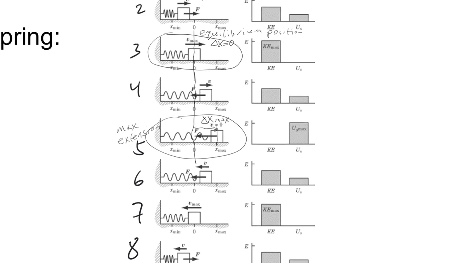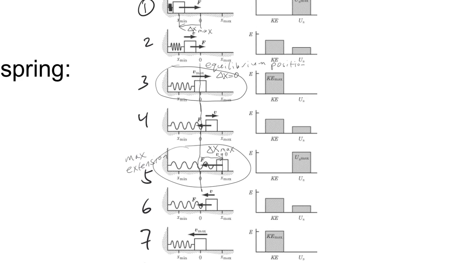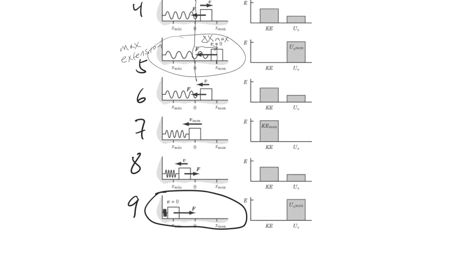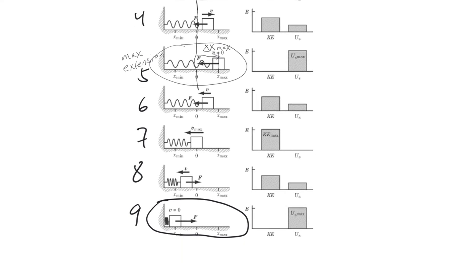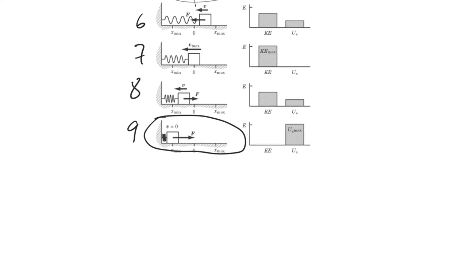So that is one cycle. To go from 1, 2, 3, 4, 5, 6, back to equilibrium position, 7, 8, 9, back to the original squash position. That is one cycle. So going from 1 to 9 equals one cycle.